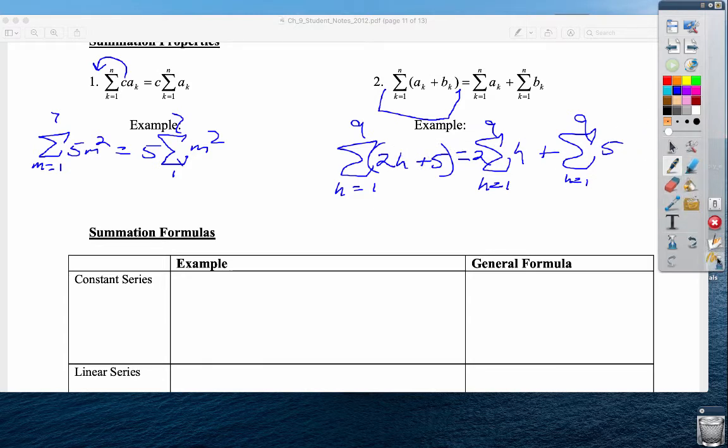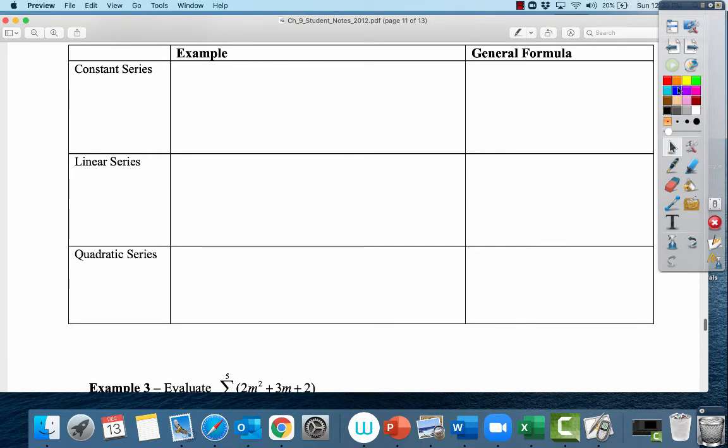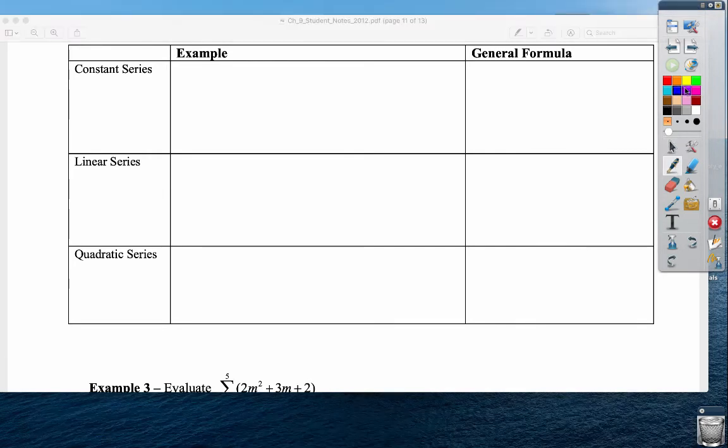So here is how we're going to show our work on these. We're going to use the following examples. The first one is the constant. So instead of going to 9, let's do from 1 to 4, and let's say the constant was 5.